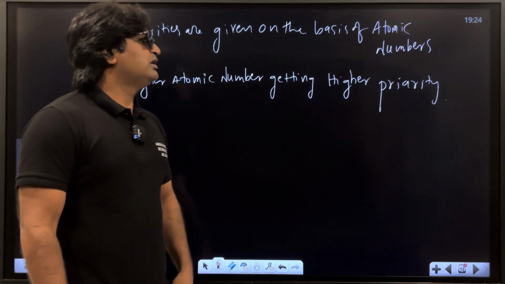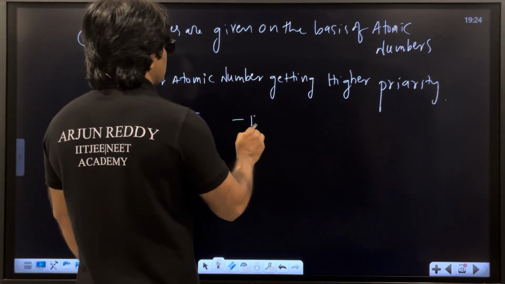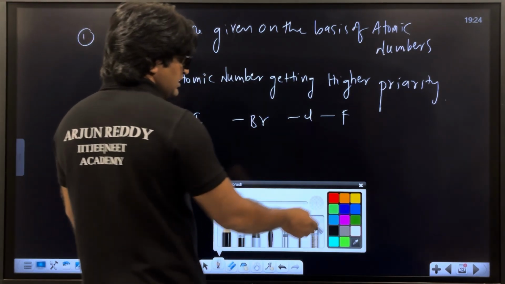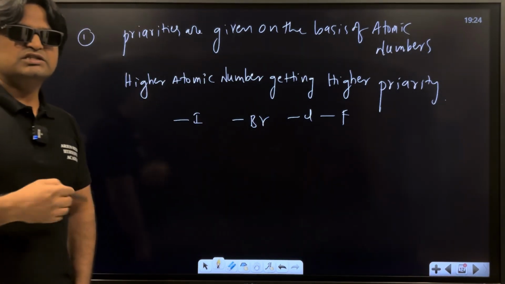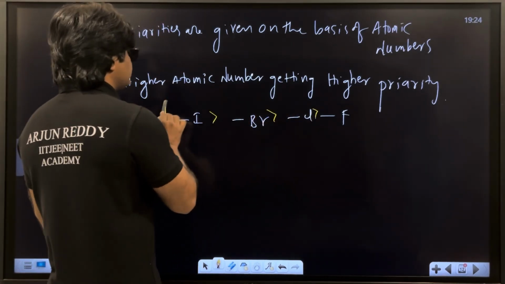Higher atomic number gets what? Higher priority. For example, here iodine, bromine, chlorine and fluorine are given. Which one has the higher atomic number? Iodine, next bromine. This is the decreasing order of priorities.